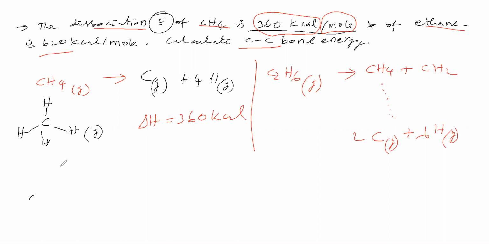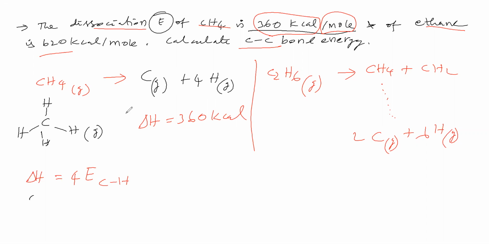Now in this process, we will see delta H for this process. On the left side, we have to break the CH bonds, then you will get the right side. How many CH bonds do we have to break? 4 CH bonds, for which we have to supply energy, therefore it is endothermic. Now the right side is gaseous atoms, that is what we got from this left side.